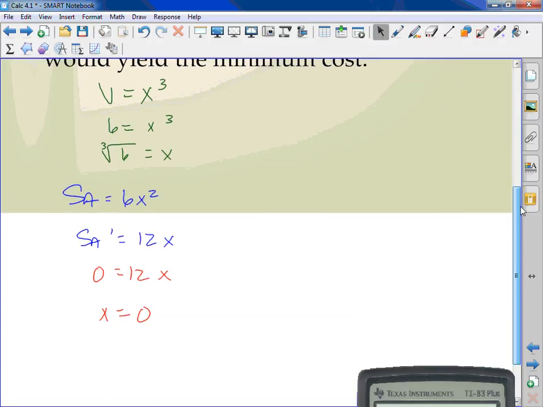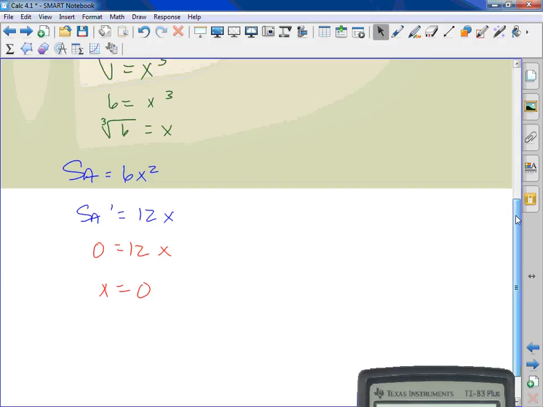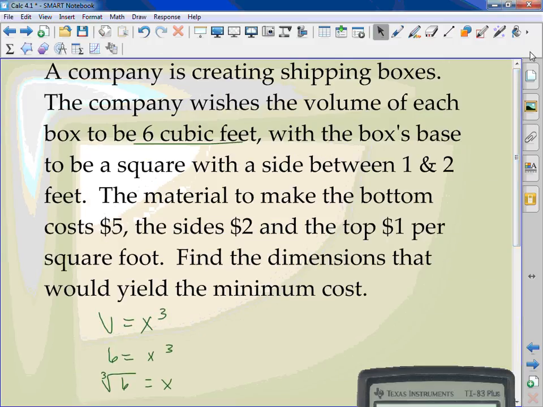Okay, now thinking about it, can I have a side of 0? No. So does that answer even make sense? No, it's a critical value or an extreme value, but it's not one we're going to use. Are there any other extreme values in this problem? Between 1 and 2 feet.